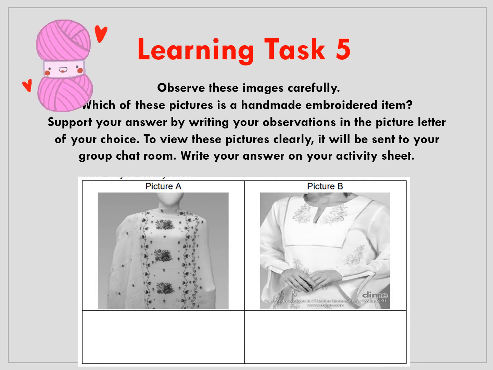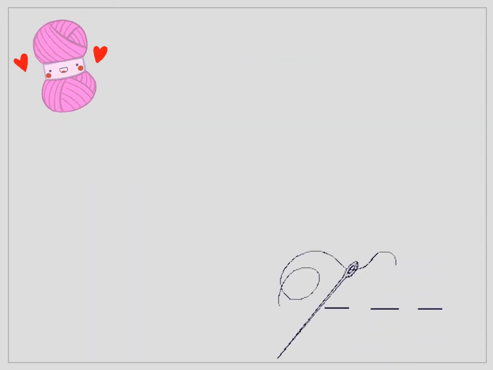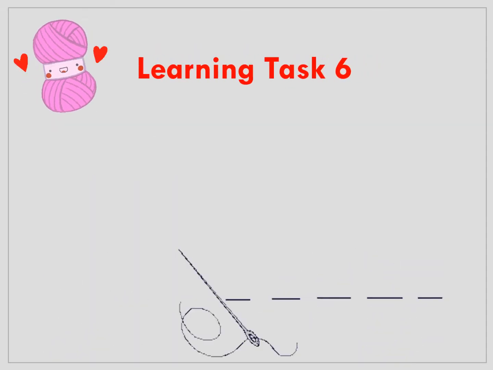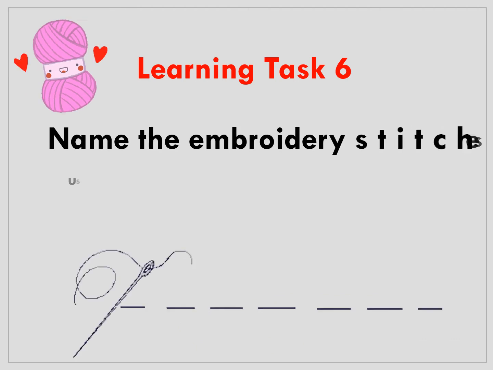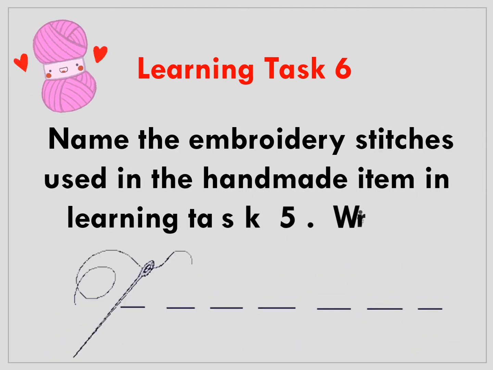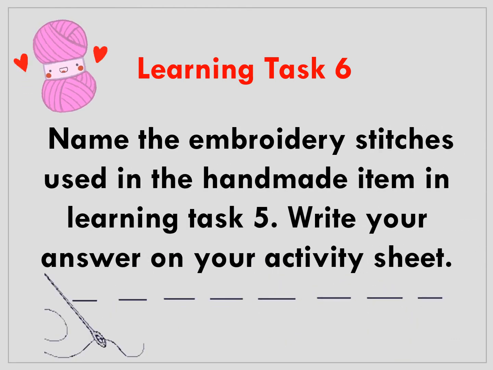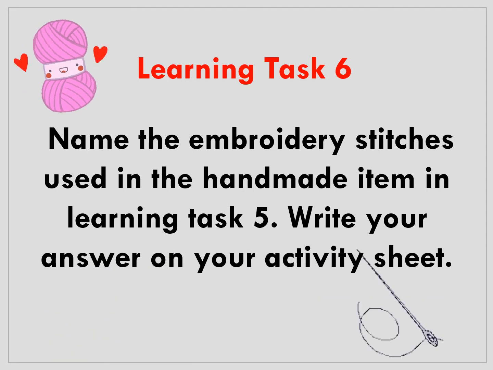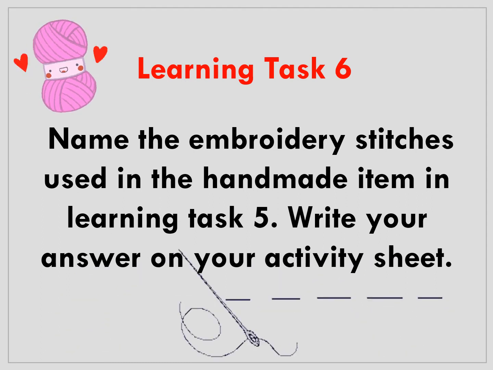Write your answer on your activity sheets. Learning task number 6. Name the embroidery stitches used in the handmade item in learning task number 5. Write your answer on your activity sheet.